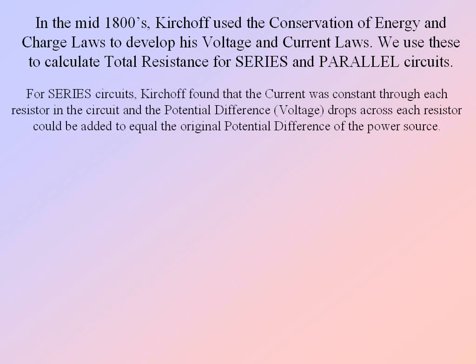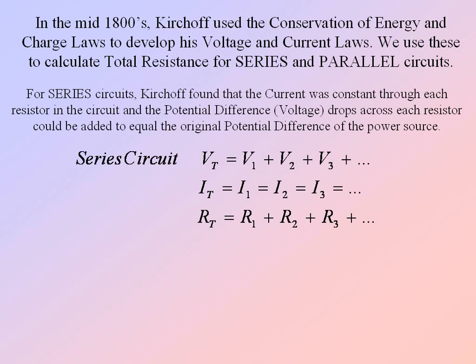For series circuits, Kirchhoff found that the current was constant through each resistor in the circuit, and the potential difference, the voltage drop across each resistor, could be added to equal the original potential difference of the power source.